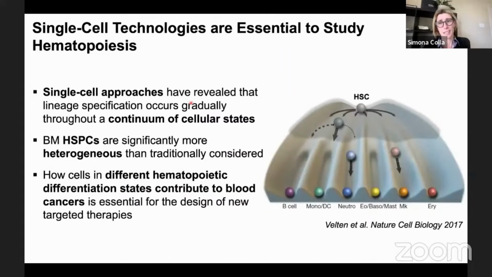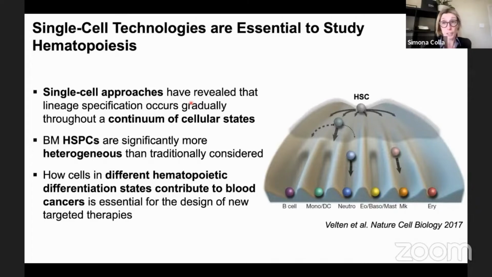Why are single cell techniques so important in hematopoiesis? Because in the last 5 years, there's been a total revolution in the concept of hematopoiesis. It's very clear that we cannot talk anymore about defined populations using a few antigens to dissect the stem cell and the progenitor cell.